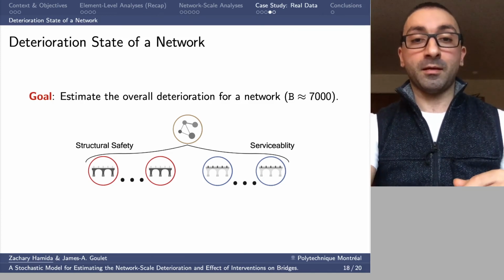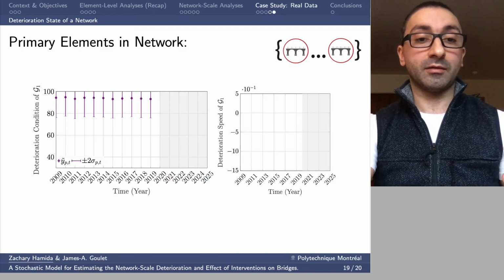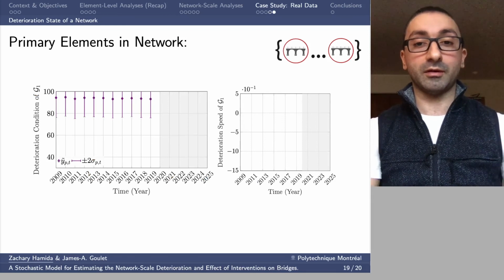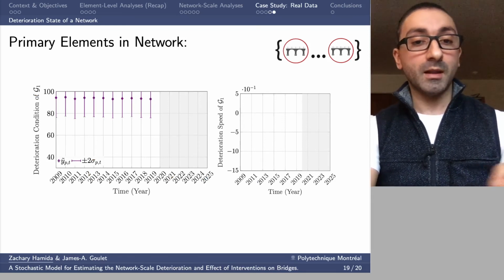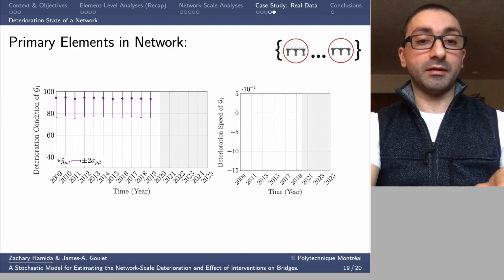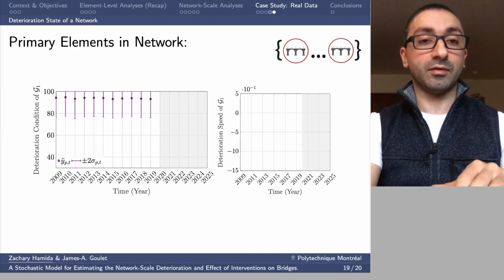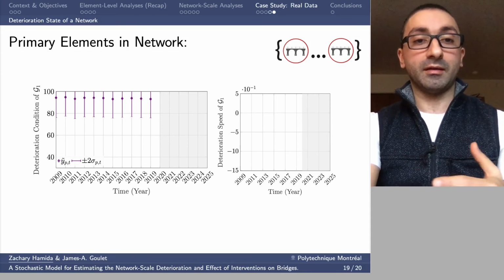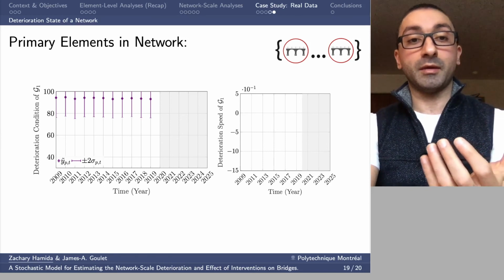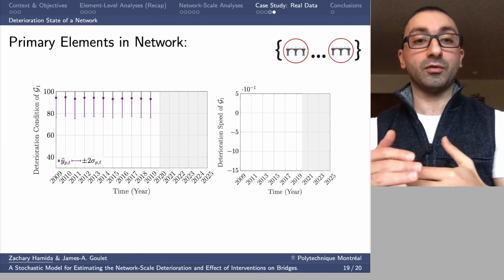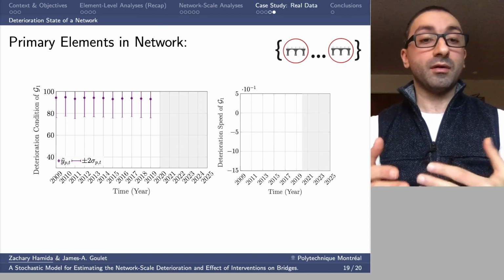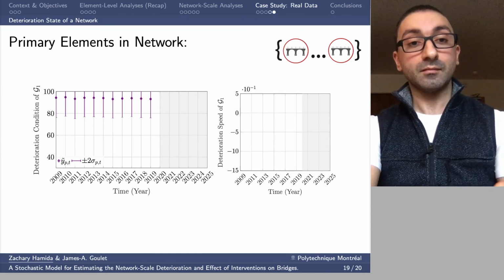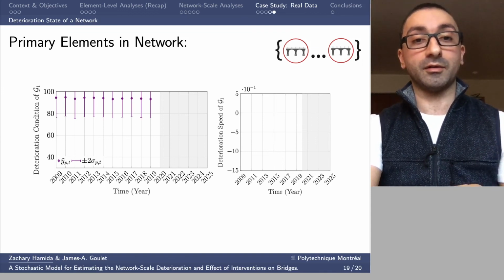To see an example of how it looks, here we have a figure with the left figure as the condition, the right figure as the speed, and the timeline on a yearly scale on the x-axis, and the condition on the y-axis from 25 to 100. Here we represent the observations by a magenta diamond, again to represent the aggregation of all the elements within the primary elements for all the bridges at this kind of condition.